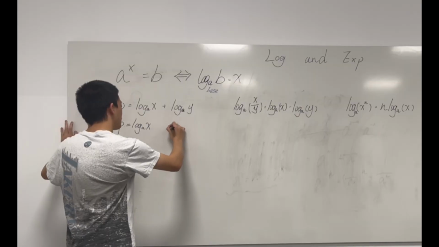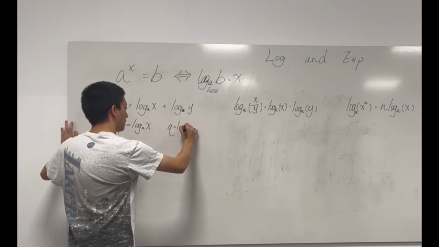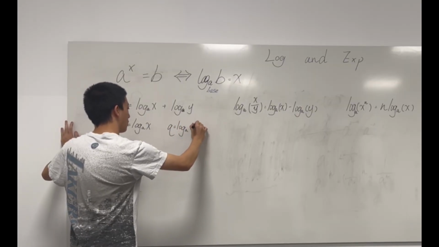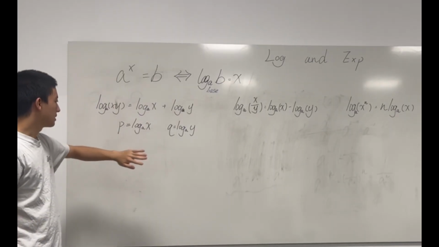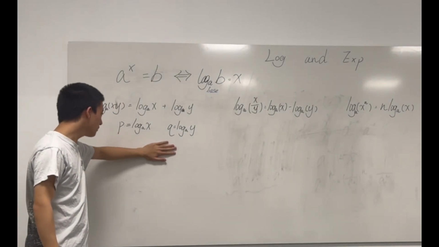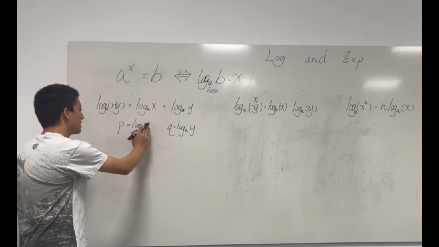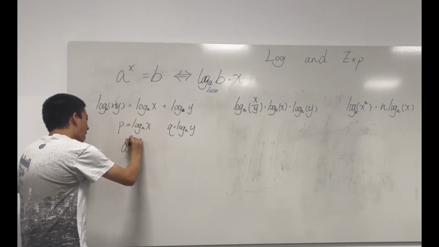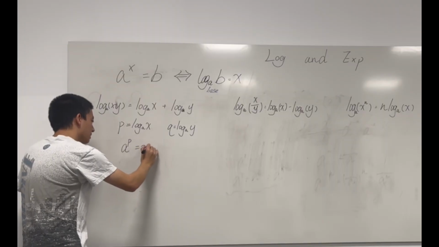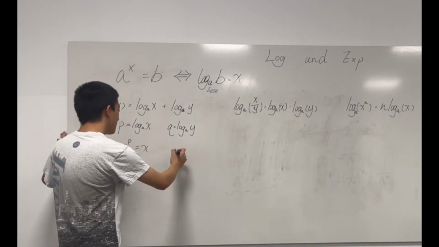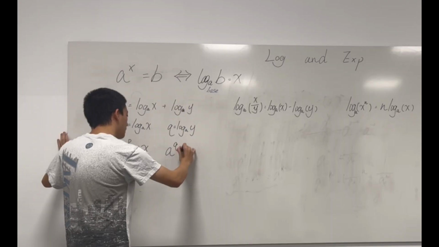We let q equal log a y. Therefore, what can we know? We know that if p equals log a x, it means a to the power of p equals x. And same, a to the power of q equals y.